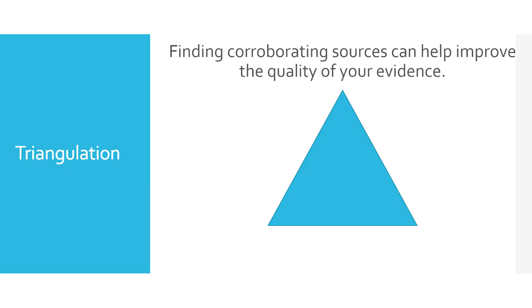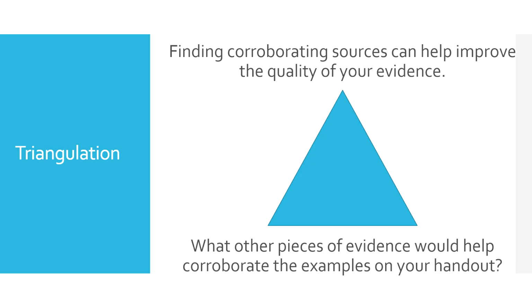Now, when we're thinking of data as well, you want to try and use triangulation, which is finding corroborating sources which can help improve the quality of your evidence. So, what other pieces of evidence would help corroborate the examples on the handout?